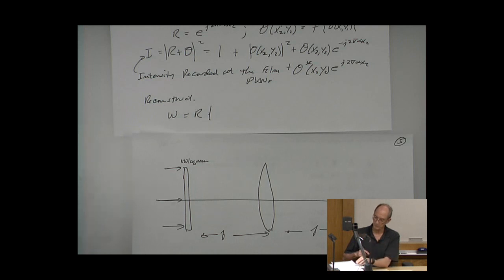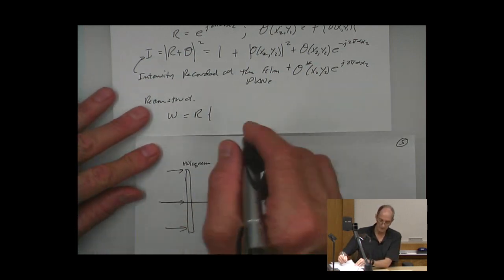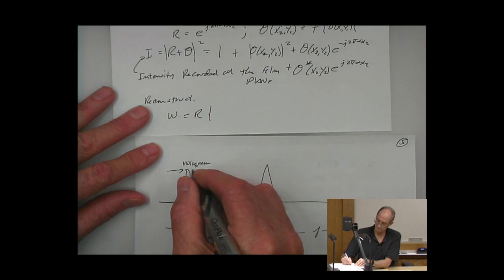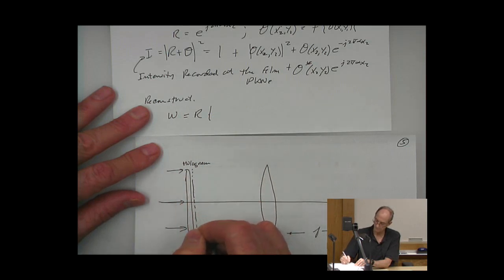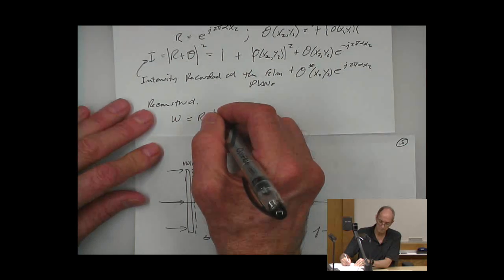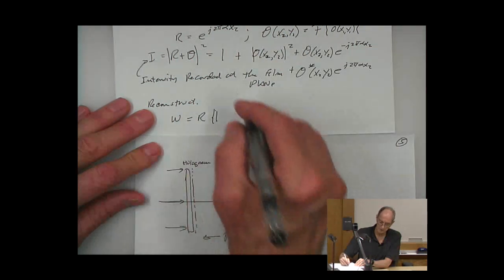So during the reconstruction, we're going to illuminate this now with a normally incident plane wave out here, and so our field just past the hologram is going to have R times 1. It's basically this out here.